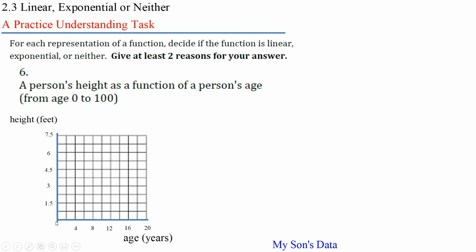Now, here it is. And again, I forget what I approximated these as exactly, but again, these dots will represent my son's height at 0, 4, 8, 12, 16, and 20. Now, look at this graph. Once you have a graph, and by the way, don't you think that the graph of my son's height would be continuous?